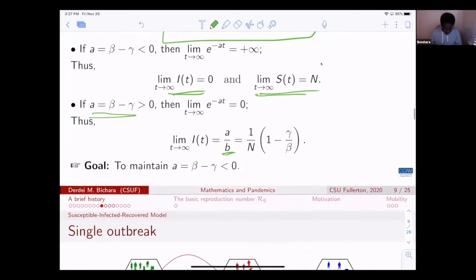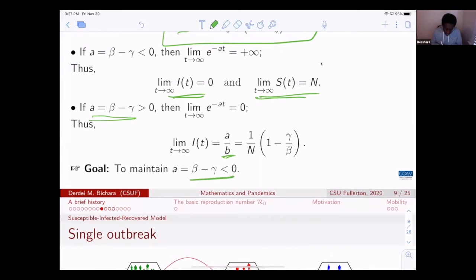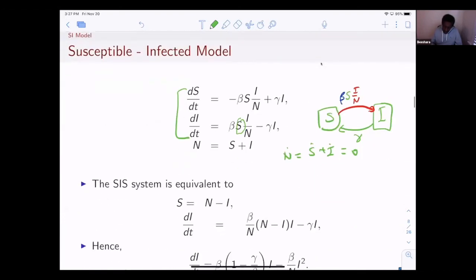Now, of course, the goal is to maintain this. How to keep A minus gamma less than 1? You could see that also as beta over gamma is less than 1. So gamma, if you take a closer look, what does it mean?